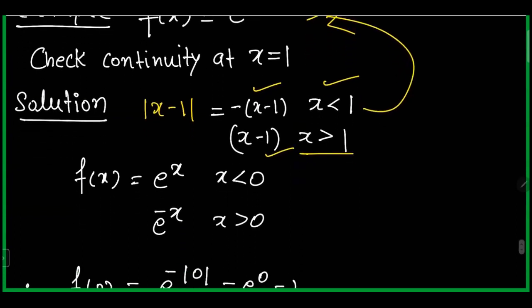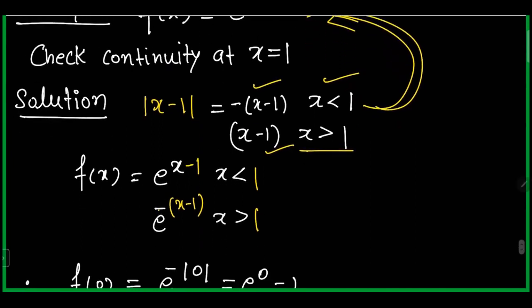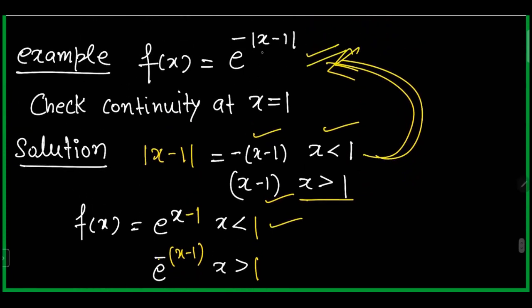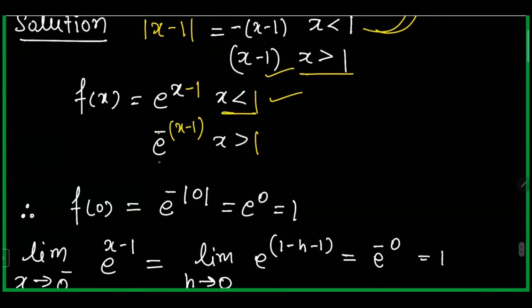The negative and negative will cancel out. So my value is e raised to x minus 1 if x is less than 1. And my value is e raised to minus of x minus 1 if x is greater than 1.